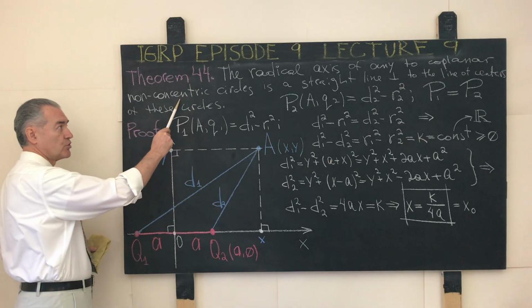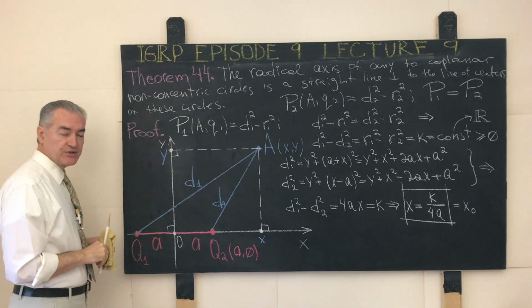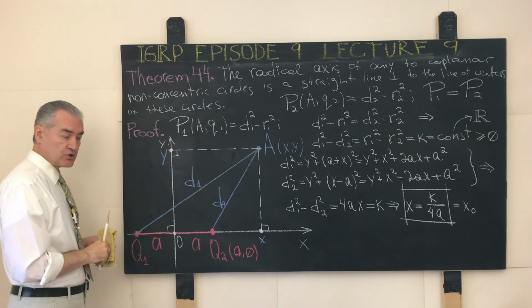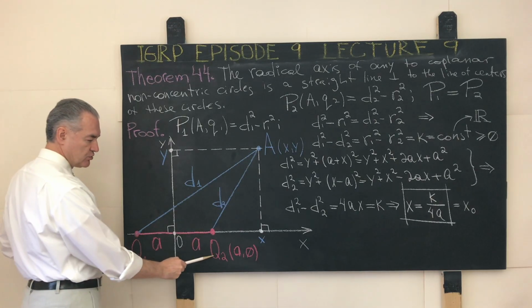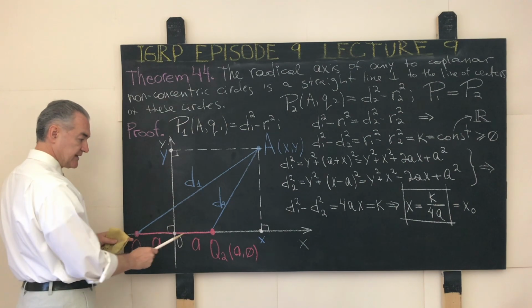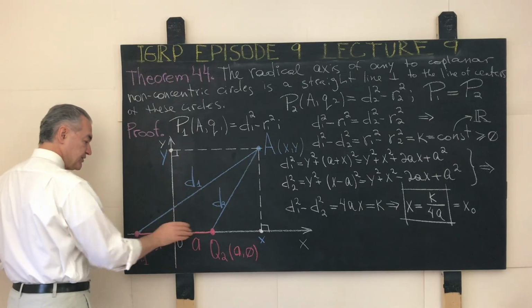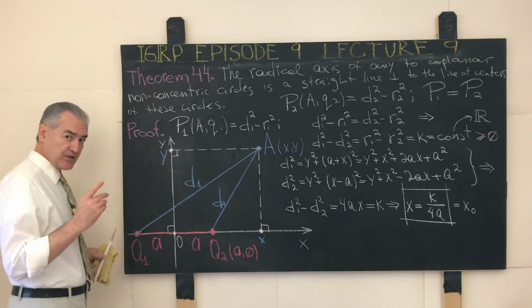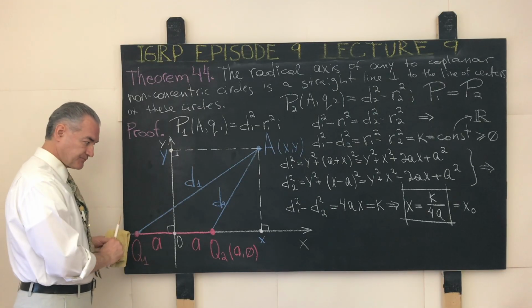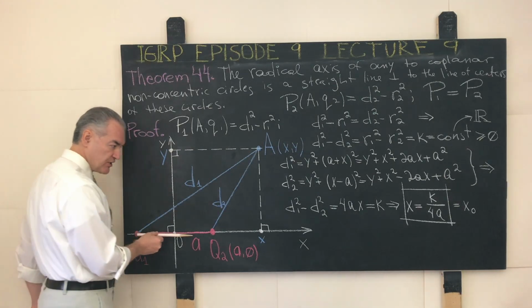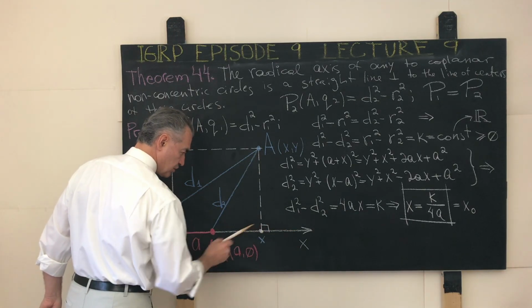Because our two circles are non-concentric, that means that the points that are the centers of these circles, let's say the sample point Q1 shown over here and Q2 shown over here, are distinct. And through any two distinct points, there passes a unique straight line, and it is precisely this straight line that will play the role of the x-axis of our future coordinate system.